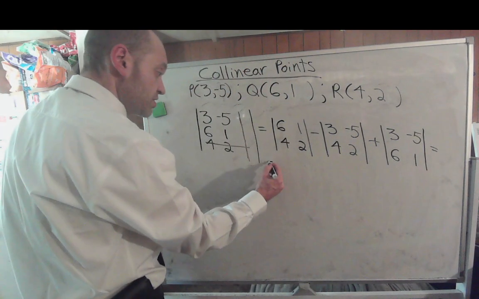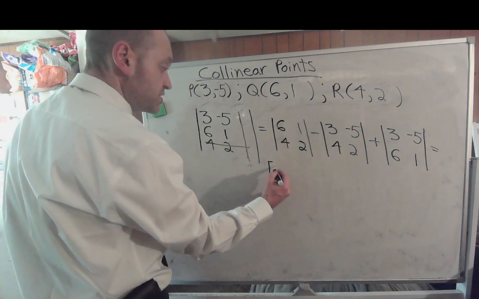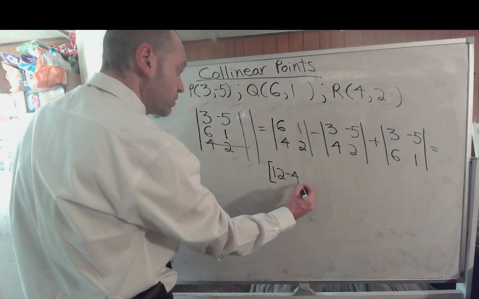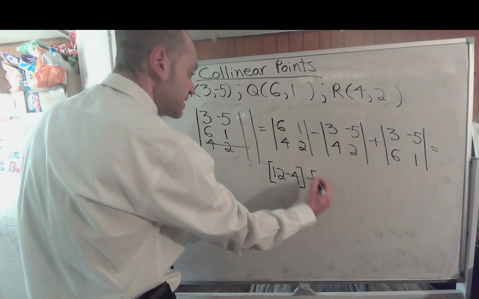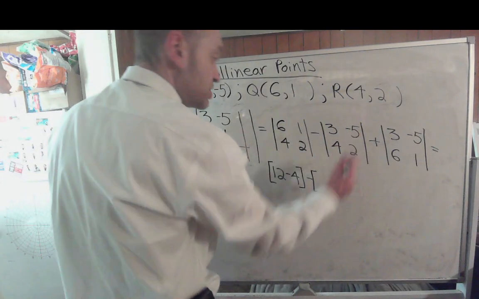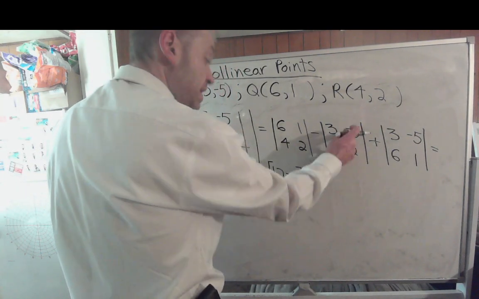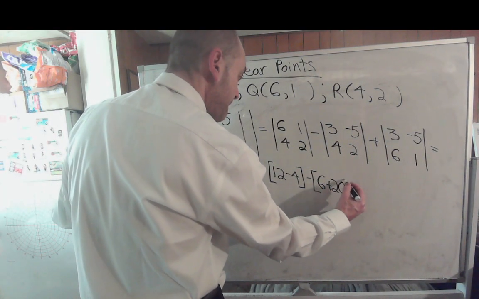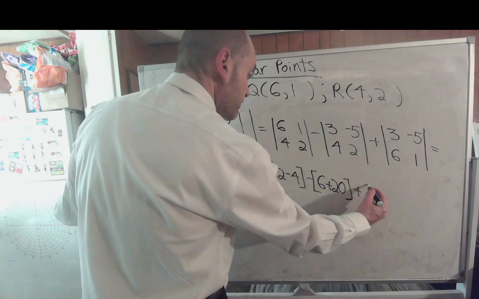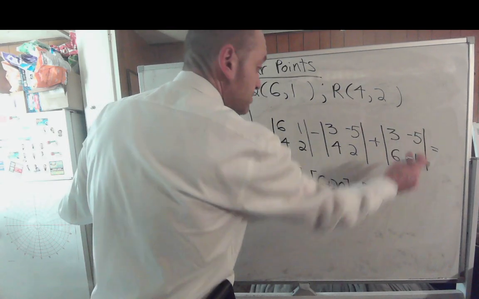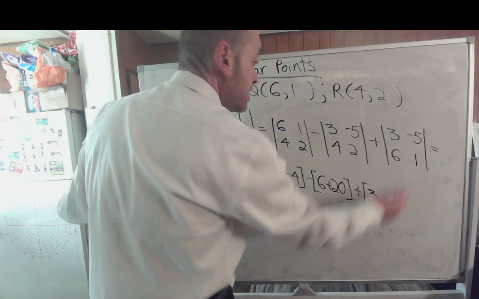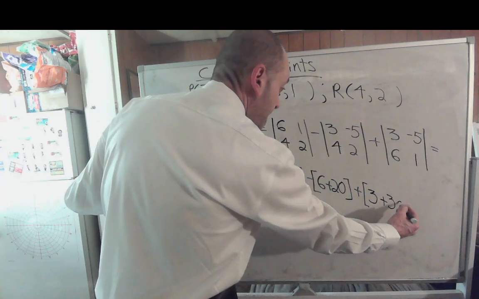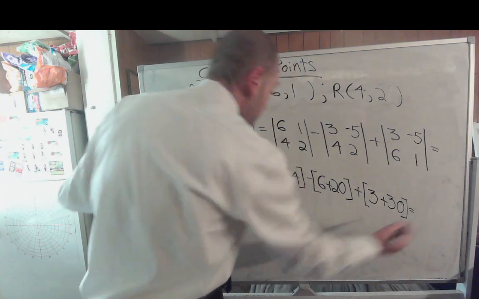So the first determinant is going to give you 6 times 2, which is 12, minus 1 times 4, which is 4, minus your next determinant. So 3 times 2 is 6, minus negative 5 times 4, that's actually plus 20. And then plus your final determinant of 3 times 1 is simply 3, minus negative 5 times 6, that's plus 30.